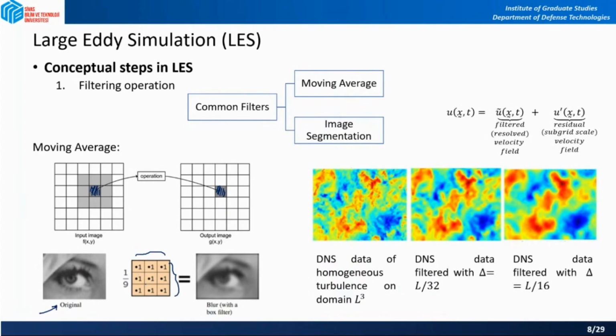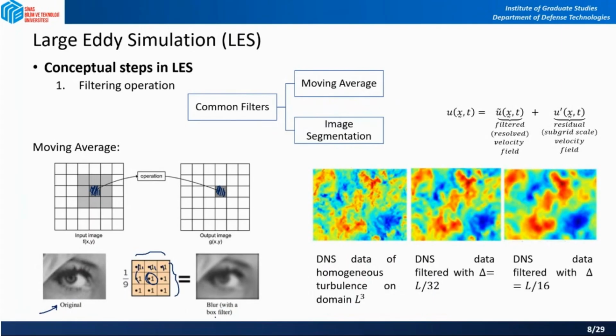I have 9 values in here, 1 over 9 of these. So when I take the average of these 9 and put the result in the central pixel, I will get a blurry image with a box filter or moving average filter. Box filter is another name for the moving average filter.